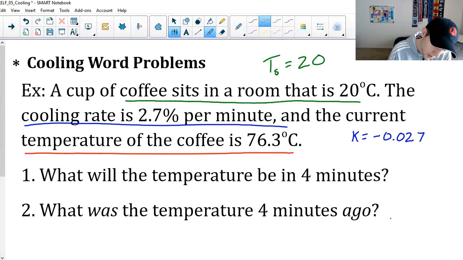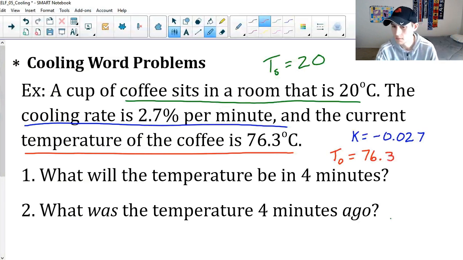And the temperature of the coffee is 76.3, so T0 is 76.3 degrees Celsius. So what will the temperature be in 4 minutes?